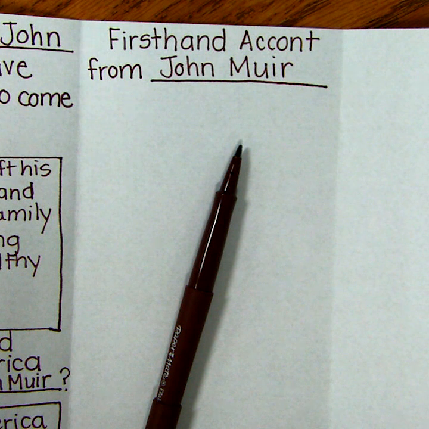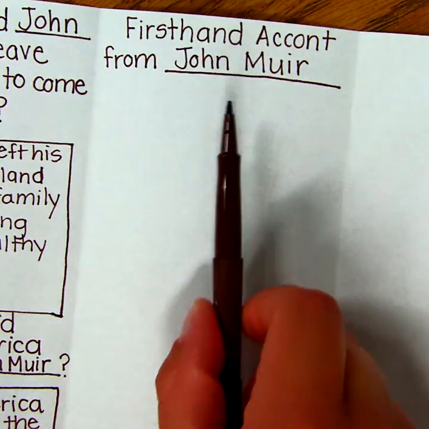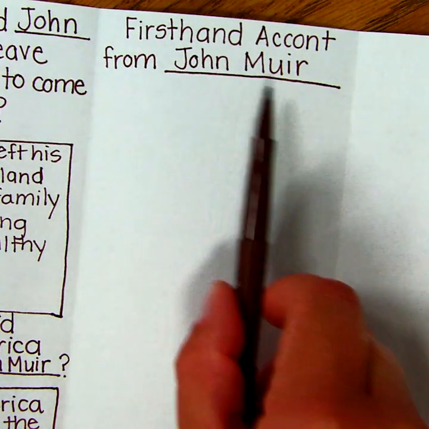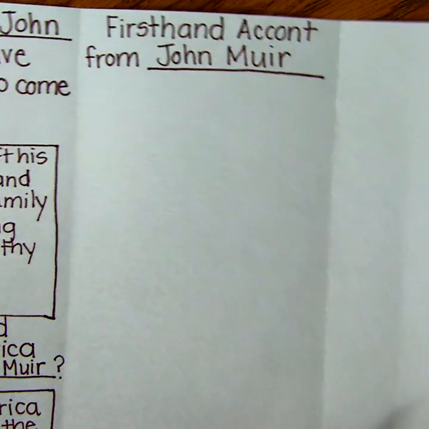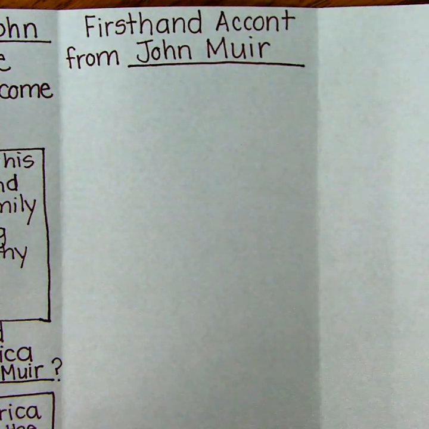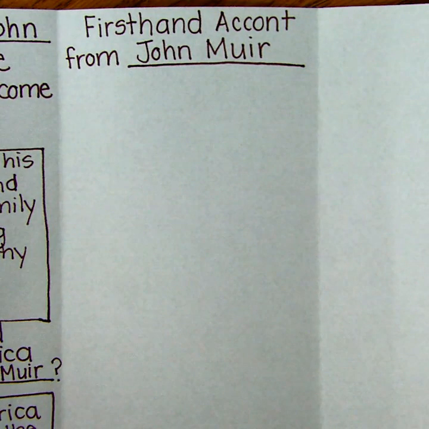As we learned earlier when we were looking at that anchor chart, a first-hand account is told from the person who experienced the journey, meaning in our case, from our immigrant. Mine is going to reflect the journey of John Muir, told from his perspective. I'm going to use the information I learned in the text, and I want you to follow along. Right now you're not writing anything, just follow along.